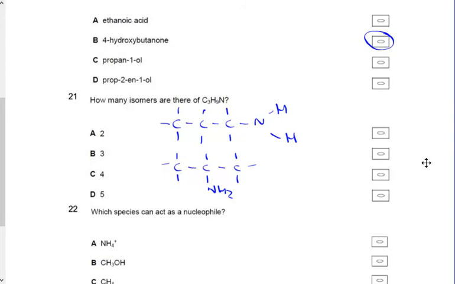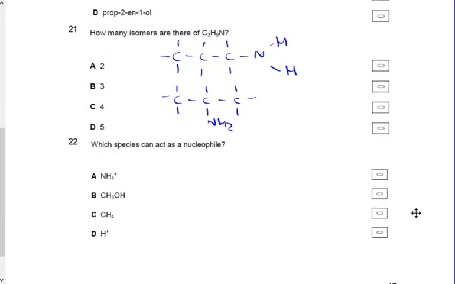We can then look at secondary amines, and we can have an N here with an H and a CH3 there, and a CH2CH3 there, which gives me 3 structures. That's 1, 2, 3.